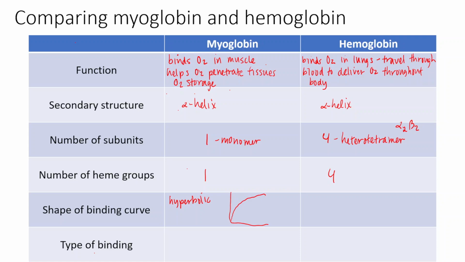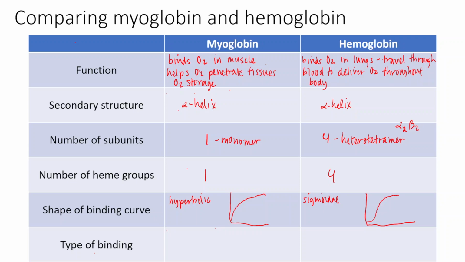And then hemoglobin has a sigmoidal curve. So a sigmoidal, hopefully you should start thinking S shape, sigma S. So hemoglobin's curve is a little bit more like this. So it has a sort of S shape, especially towards the left, and then towards the right, it looks a little bit more like the myoglobin curve does.